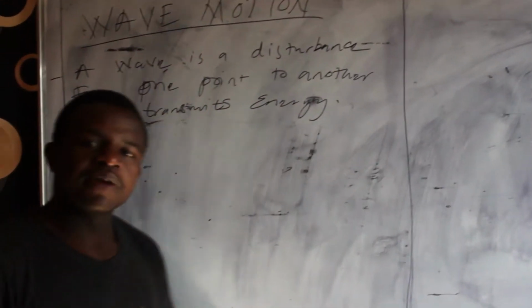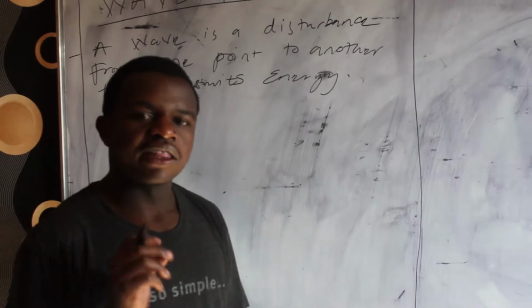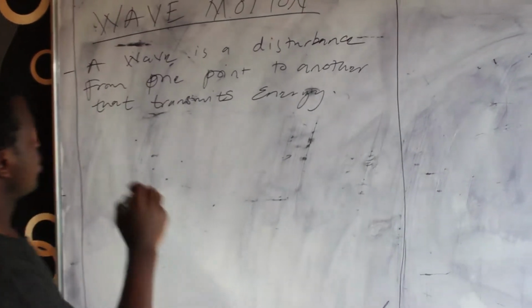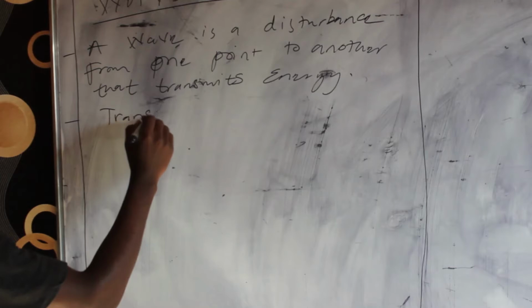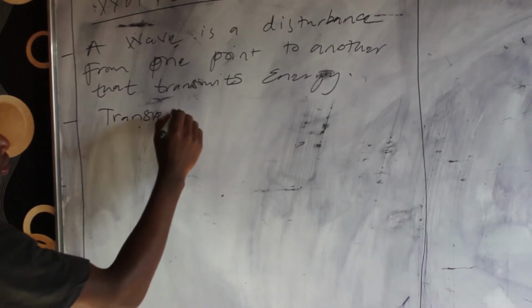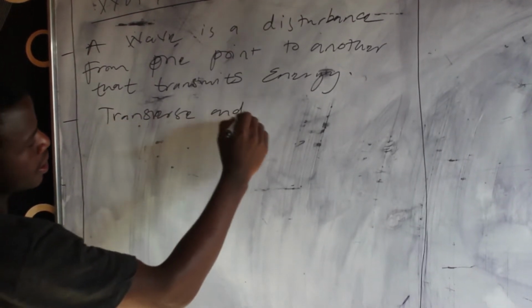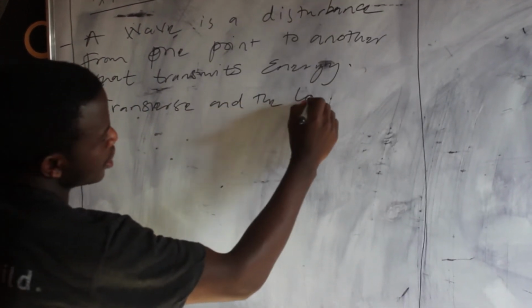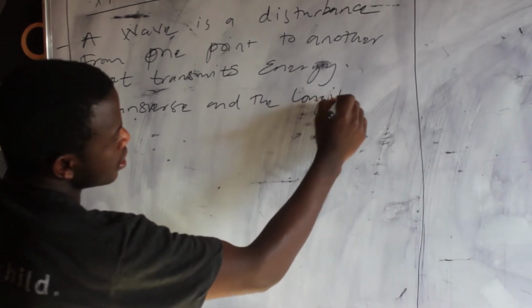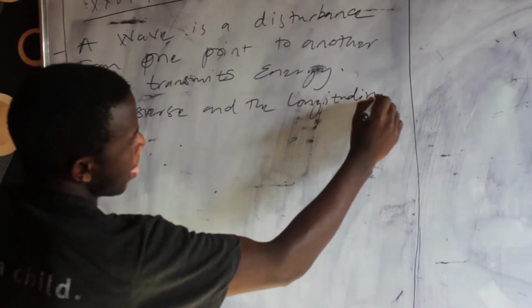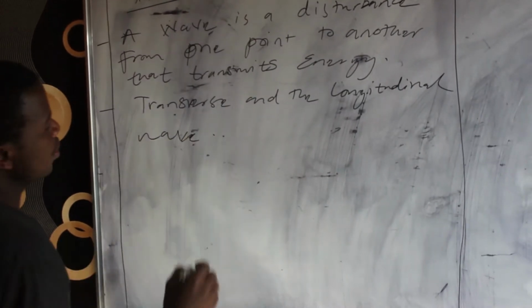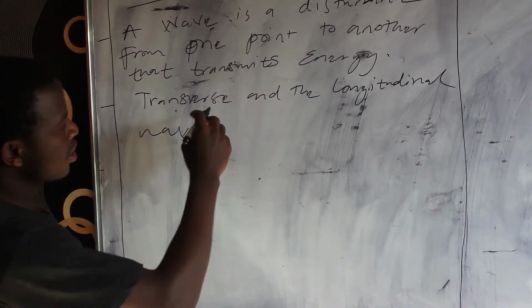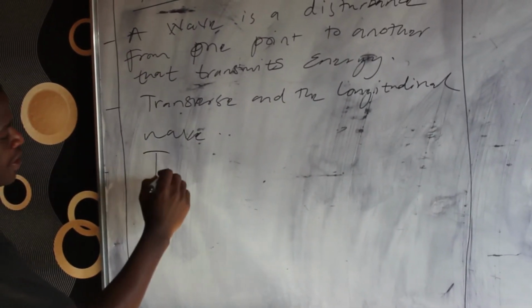Then I've said there are two types of waves. We have the transverse wave and the longitudinal wave. We start by talking about the transverse wave.